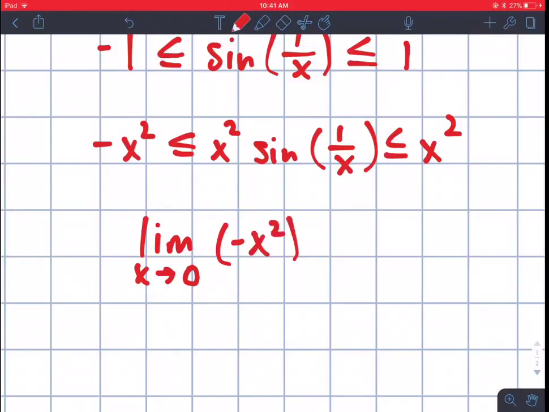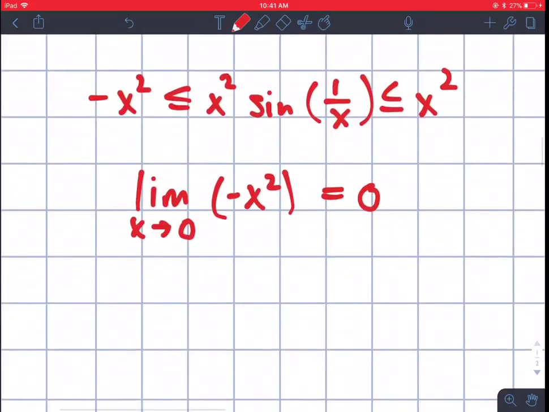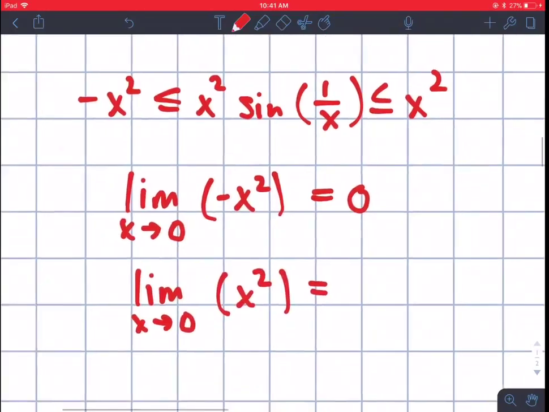Now we know some things we can mention. The limit as x approaches 0 of -x squared is just a polynomial function, so we can plug in 0 for x. We know that limit is 0. Similarly, the limit as x approaches 0 of positive x squared is also equal to 0.